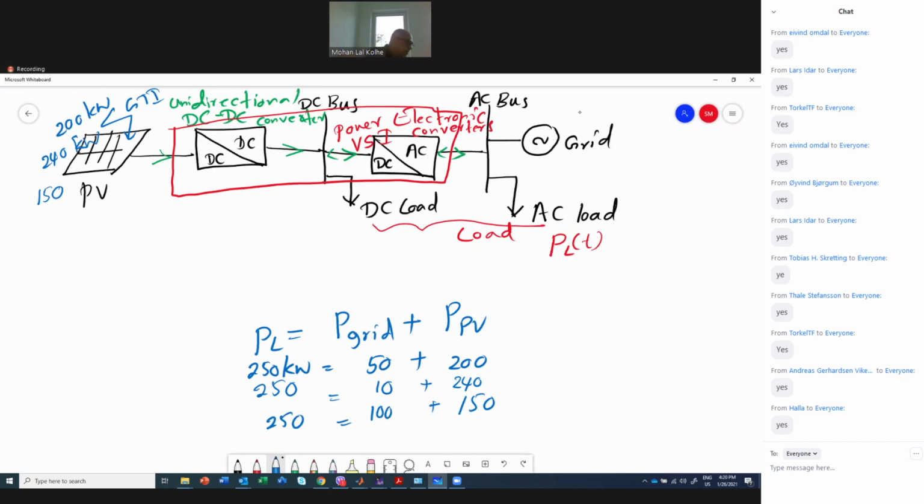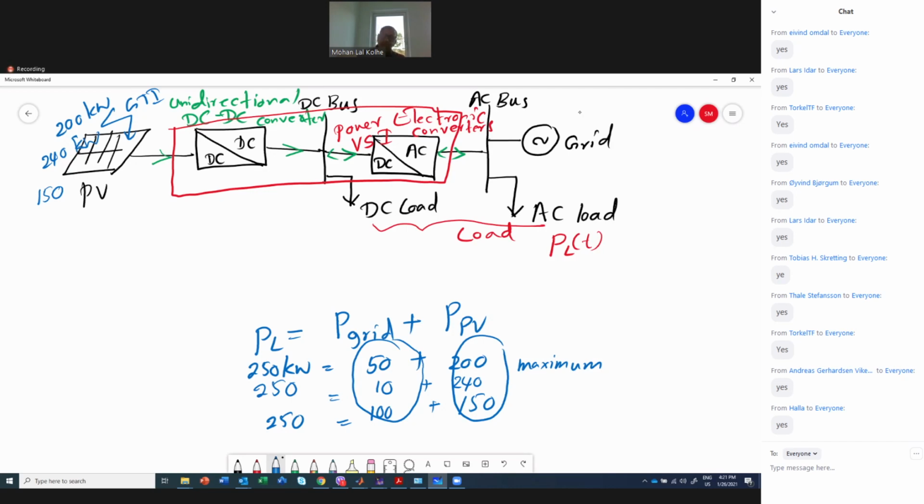That means the PV module injects its maximum power, and the grid will compensate so that the required load demand will be met.